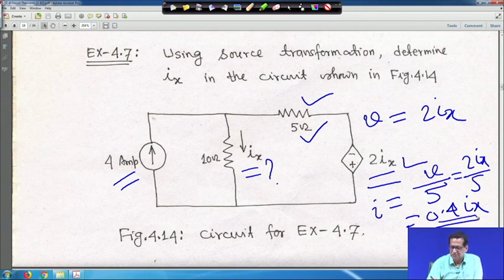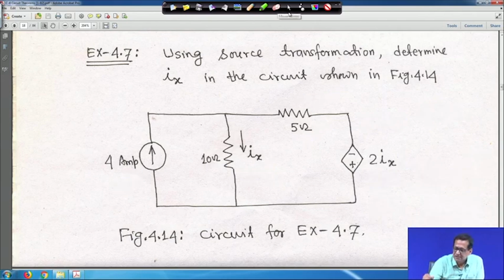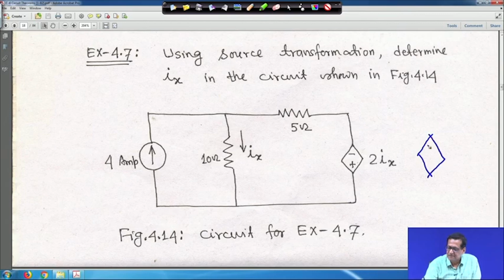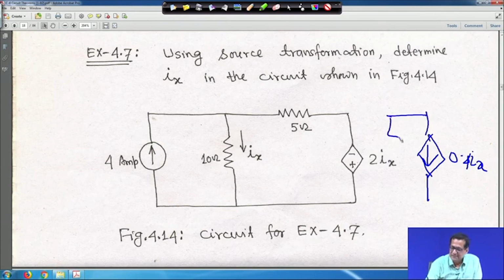Now, let me represent that. Because plus is here, the arrow tip will be downward, so it will be 0.4 Ix, and the 5 ohm resistance will be in parallel with it, connected to this, right.